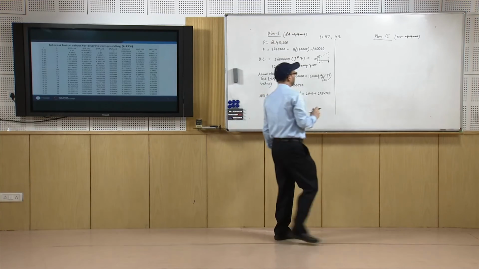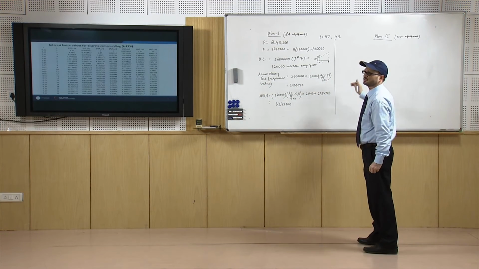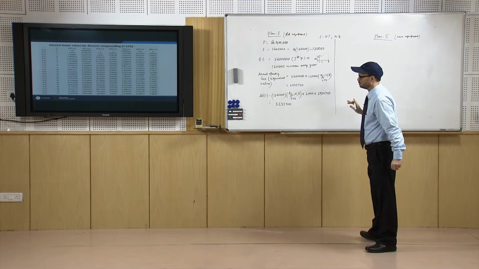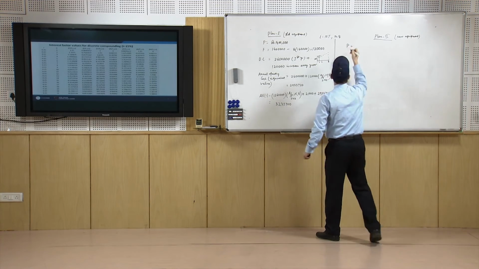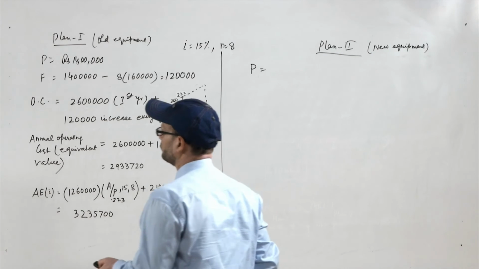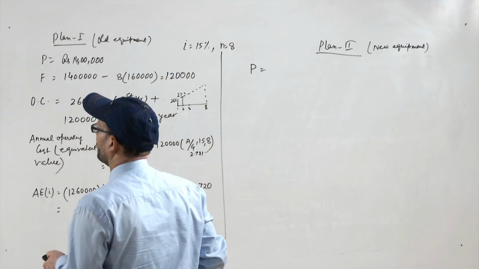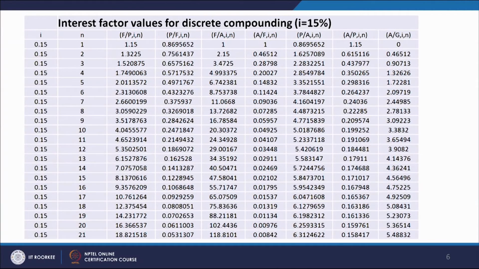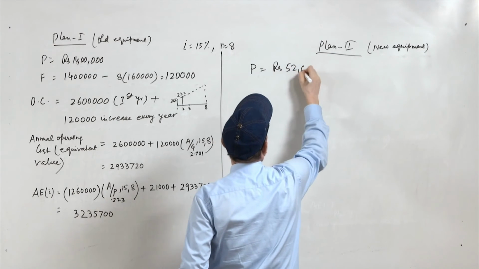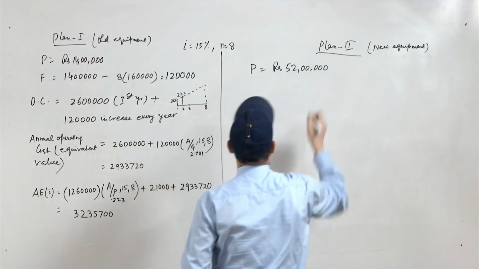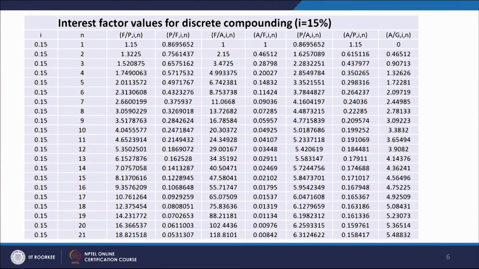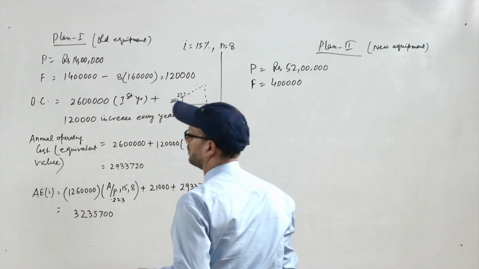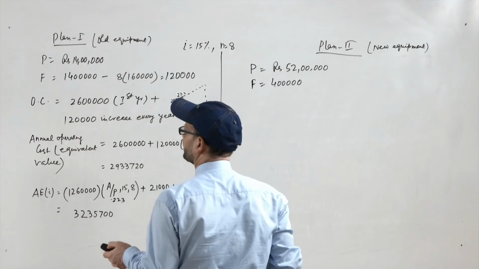Now, if we look at plan 2, in that case we have P as rupees 52 lakh, N is 8 anyway, salvage value is 4 lakh, and the annual operating cost is 19 lakh 60,000.